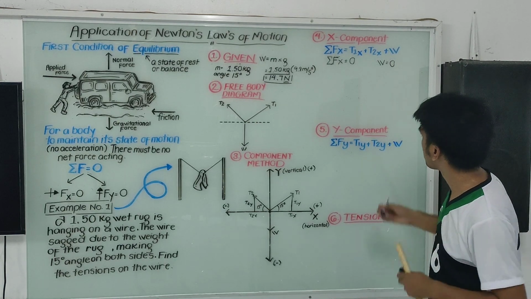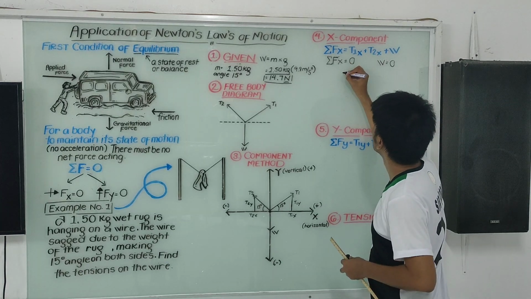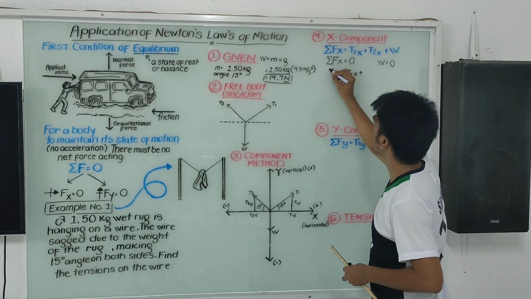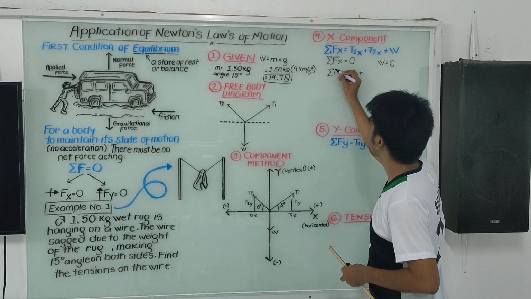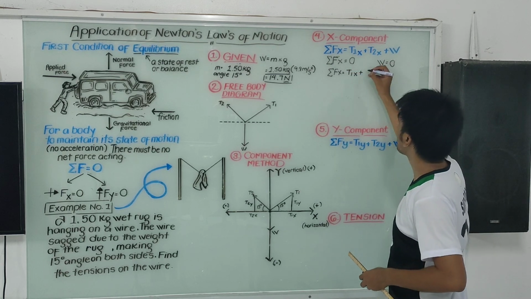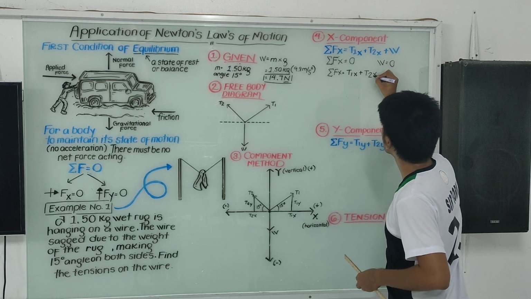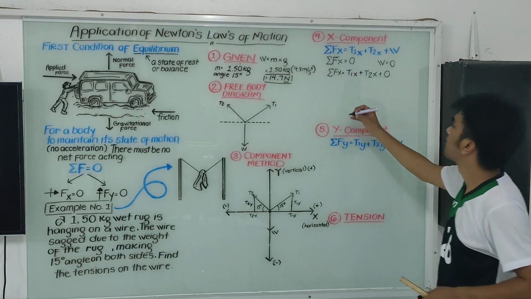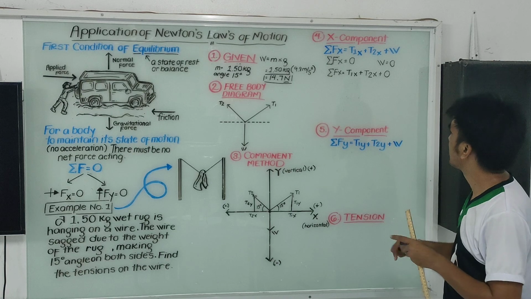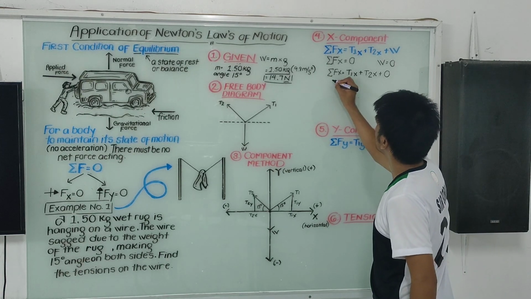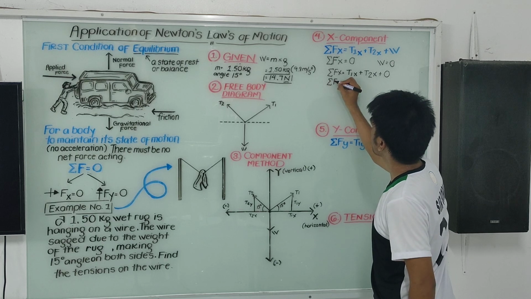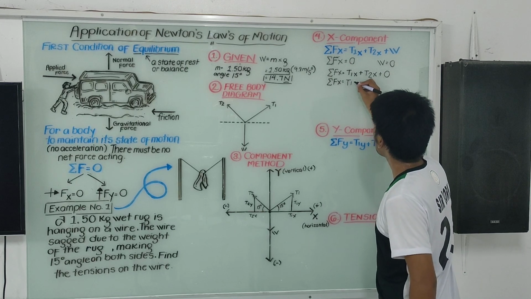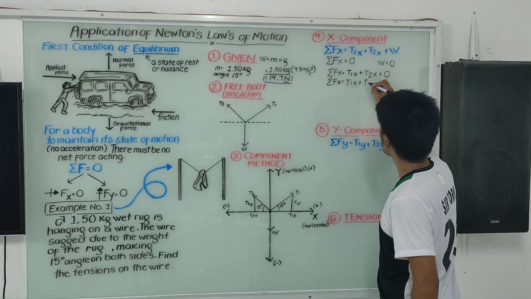So let us simplify. Summation Fx is equal to T1x plus T2x.